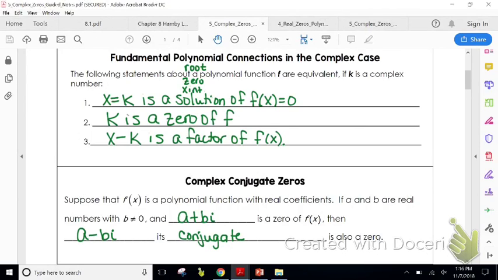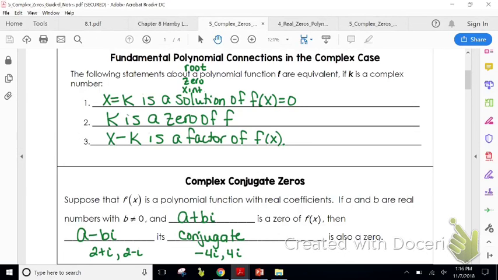So we know that complex zeros are going to come in conjugate pairs. So if I said that 2 plus i is a 0, then you're going to know that 2 minus i is also a 0. Or if I say negative 4i is a 0, we know that positive 4i is also a 0. So just change the sign in front of the i.